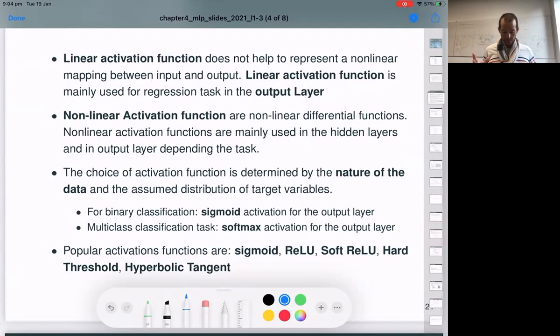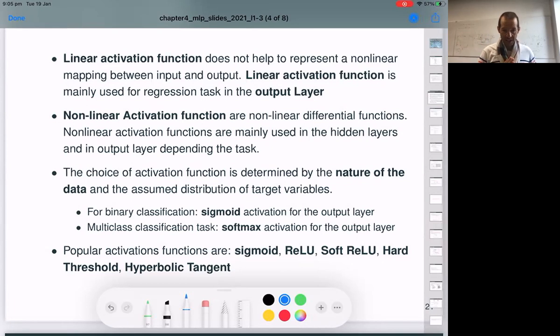Keep in mind that it depends on the nature of your data. For binary classification, we use the sigmoid for the output layer. Softmax, you use for the output layer in a multi-class classification task. Linear is for the regression output.